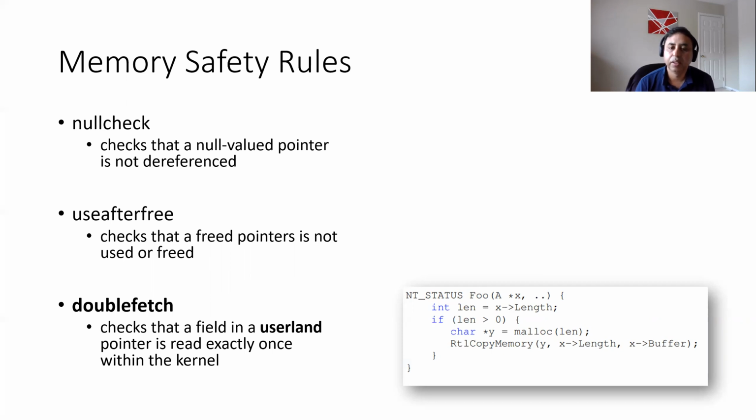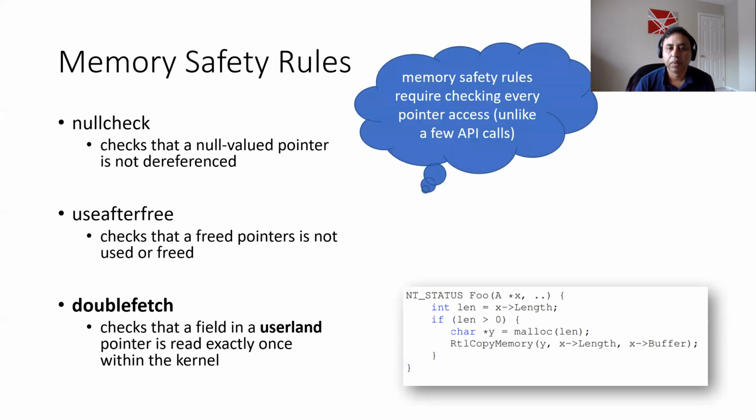This can lead to many well-known information disclosure or security critical exploits. So that's a very important rule for kernels, both in Windows and in Linux and other operating systems. Of these three, use after free and double fetch are known to be security critical.